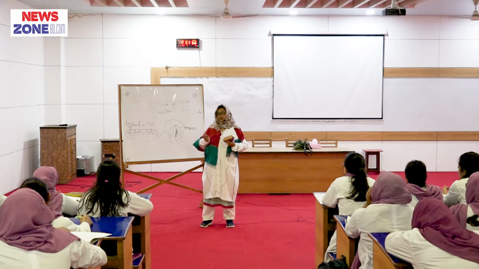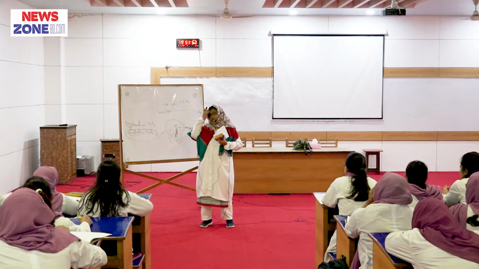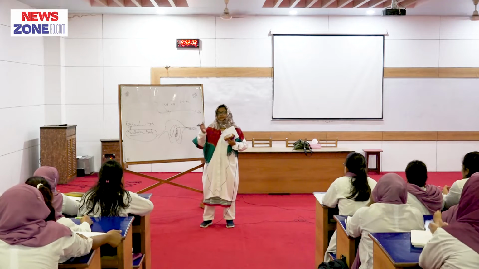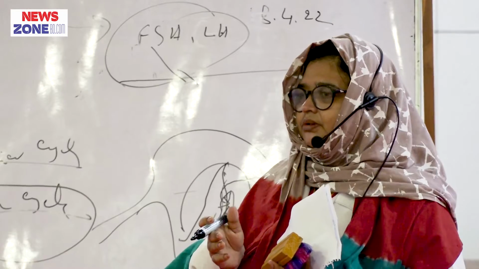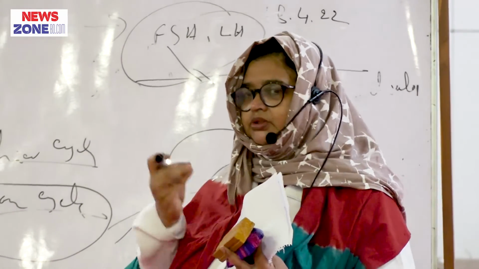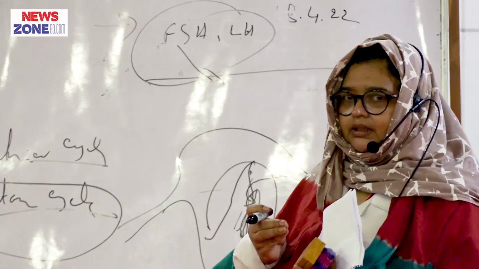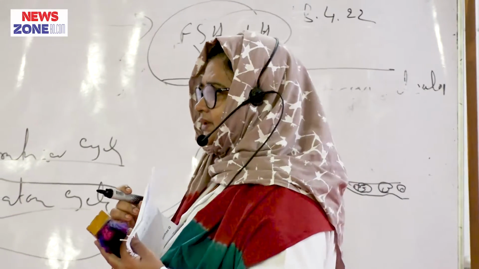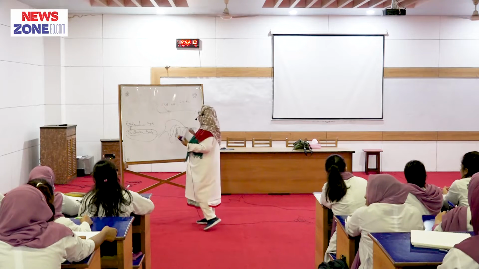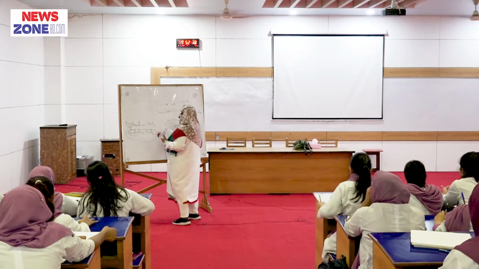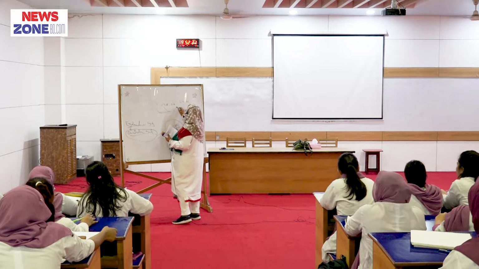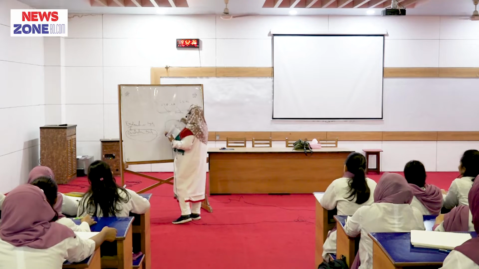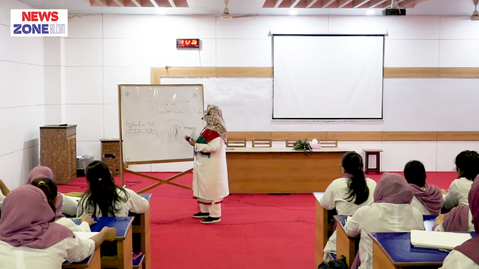It is in the form of the second meiotic division, or first meiotic division, but it is completed after fertilization. So it is the discharge of the mature ovum from the ruptured Graafian follicle, stimulated by LH. After ovulation there is the corpus luteum function.